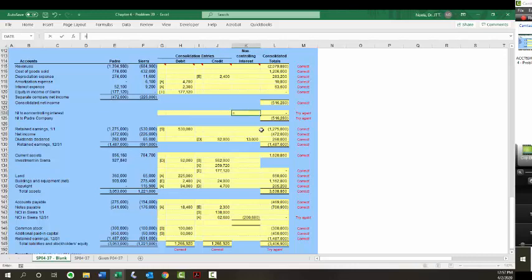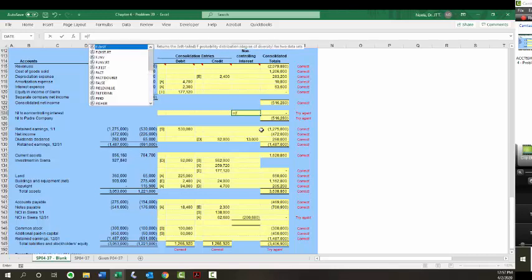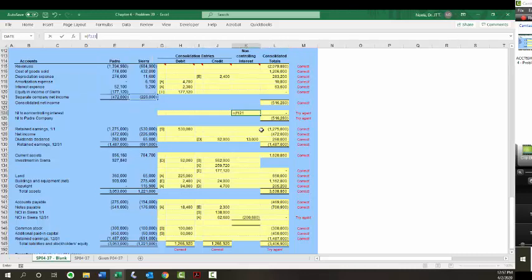So the interest income is going to be the income from the subsidiary, which is in cell F121, minus the depreciation plus the amortization plus the interest, times 80%.